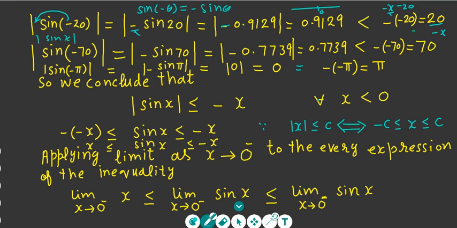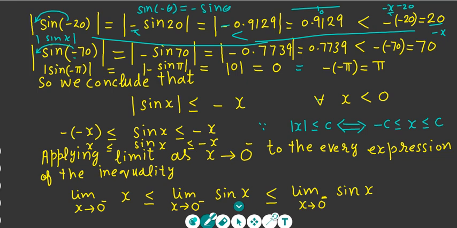Now in this case the relationship between the absolute value of sine of x and x is a less than relationship. So we take minus 70 and we move this minus here, and we take its absolute value, because we calculate the absolute value of a negative number, which is always positive, because absolute value is distance from 0.